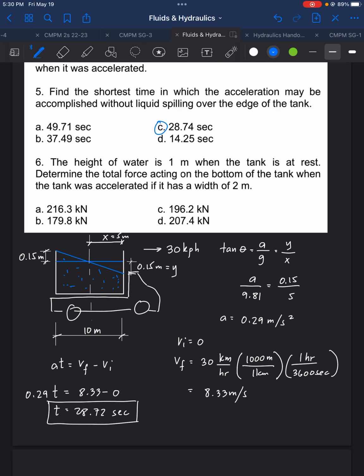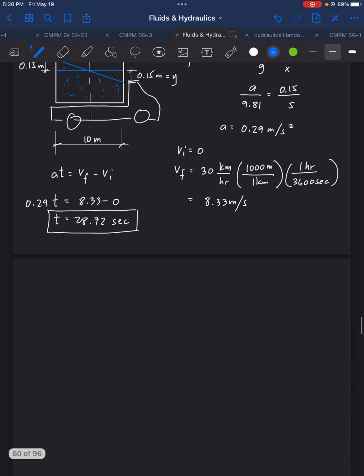The height of the water is 1 meter when the tank is at rest. Determine the total force acting on the bottom of the tank when the tank was accelerated if it has a width of 2 meters. So, calculate the total force acting on the bottom of the tank. Let's draw the tank again.